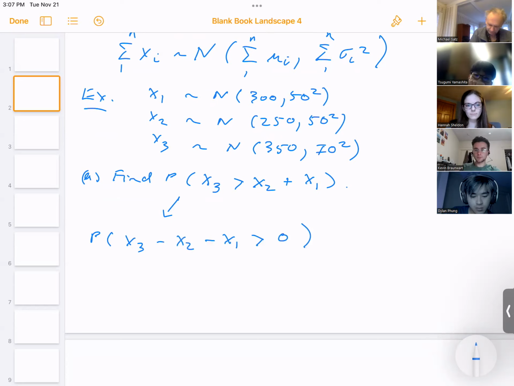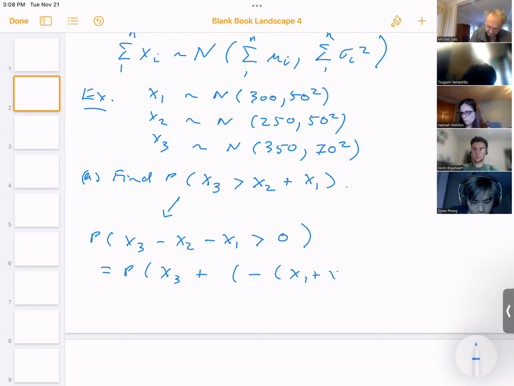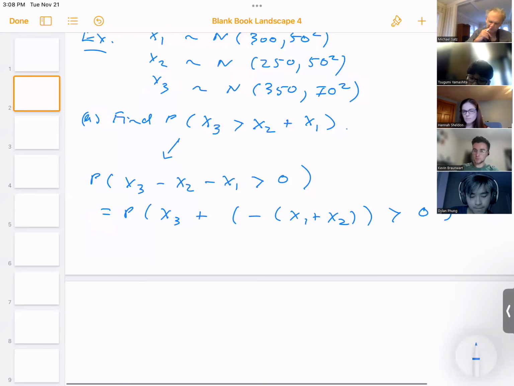Or equal to, just to make it super clear, the probability that X3 plus minus X1 plus X2 is greater than 0. I don't want to be silly, but I want to make sure this all follows from that stuff.